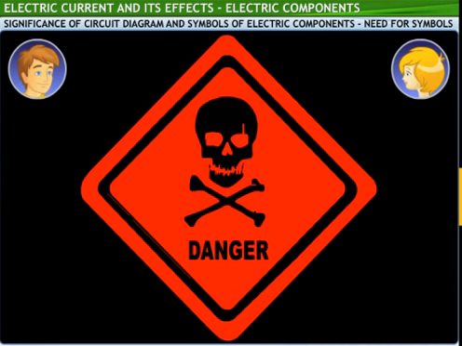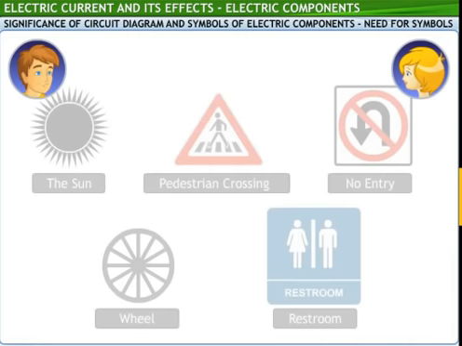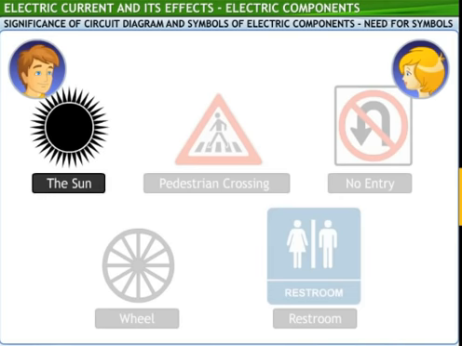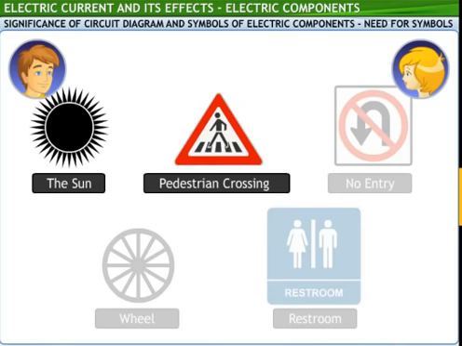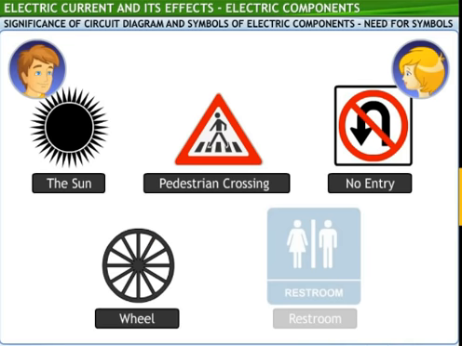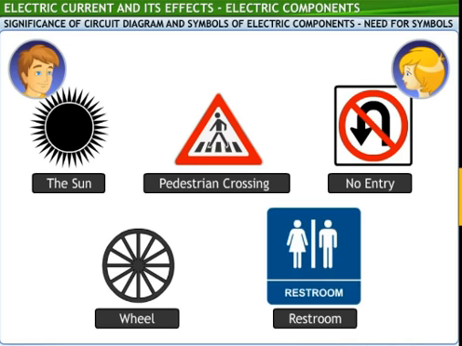Remember the symbol for danger shown on railway crossings or electric poles? Yeah, a skull and bones. That's a common enough symbol. Can you think of any other symbols that you have seen in your day-to-day life? Of course, I've seen symbols for the sun, walk signal at pedestrian crossings, no entry, a wheel, and a restroom.